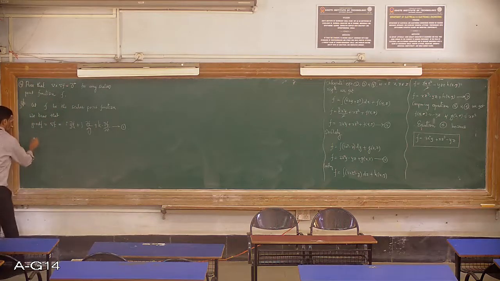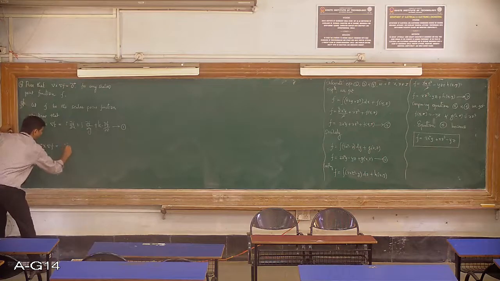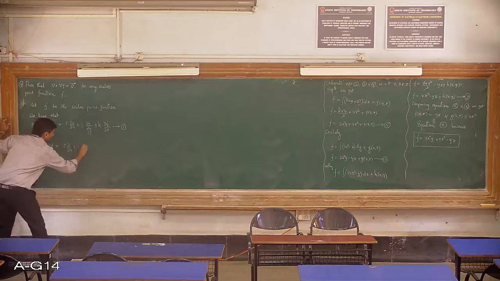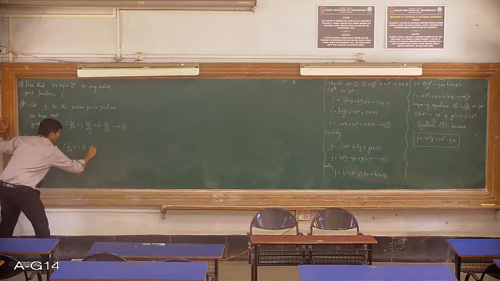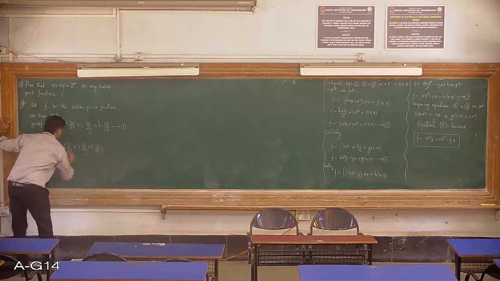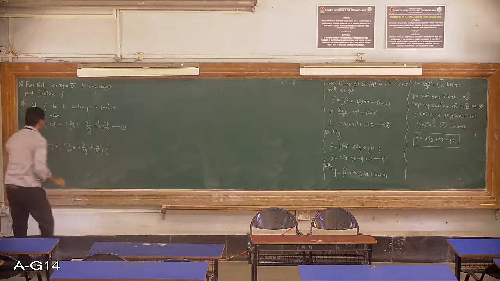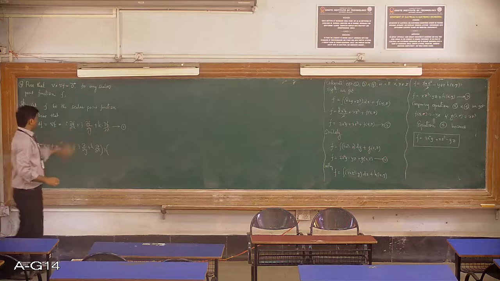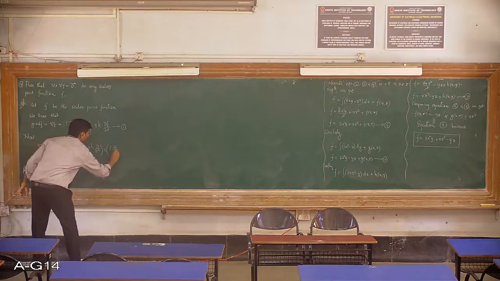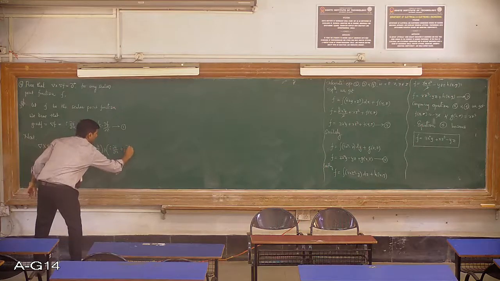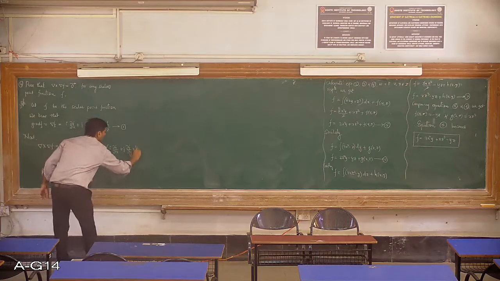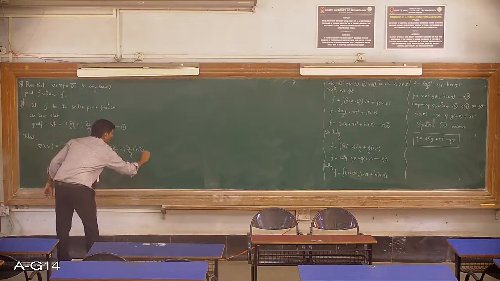Next we'll consider del cross del f. We know what del is: i dou by dou x plus j dou by dou y plus k dou by dou z, cross, and del f is i dou f by dou x plus j dou f by dou y plus k dou f by dou z.